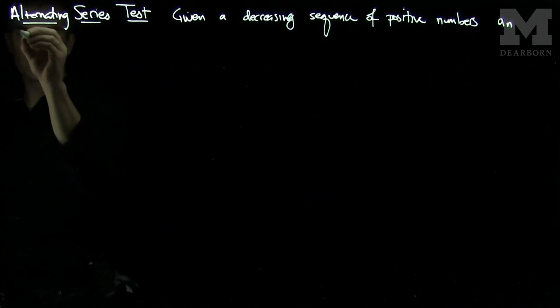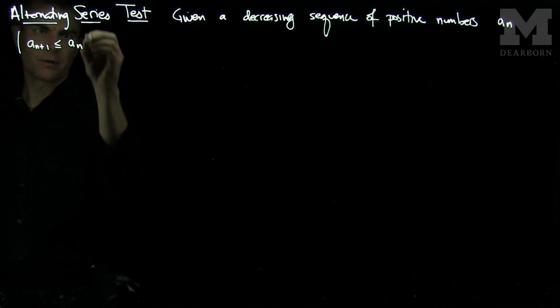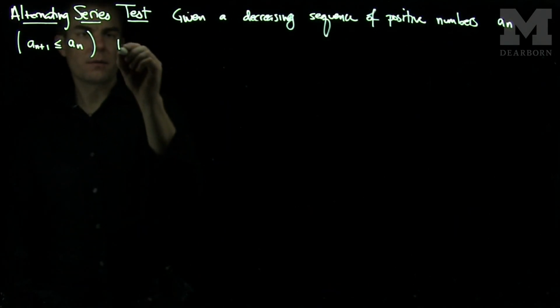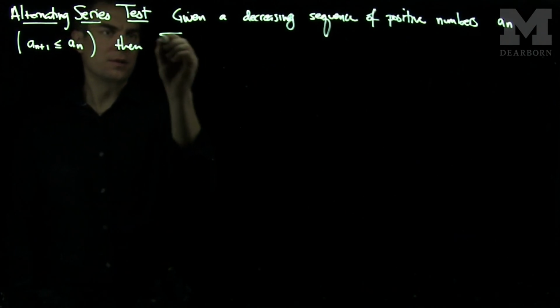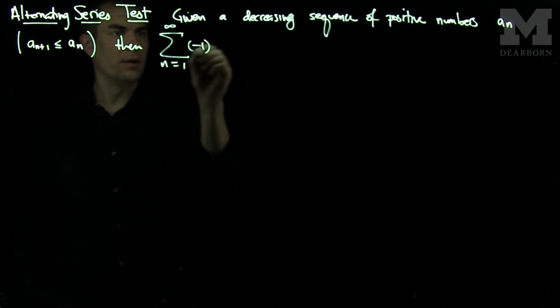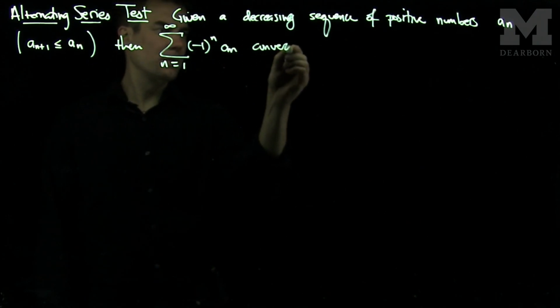To be decreasing means that a_{n+1} is less than or equal to a_n. That's the decreasing condition. Then the sum from n equals 1 to infinity of (-1)^n a_n converges.